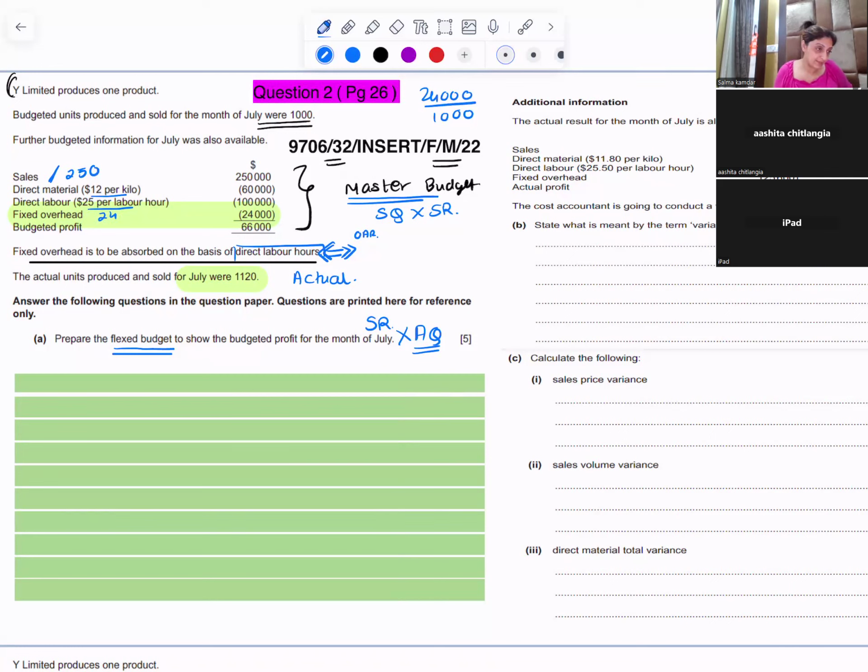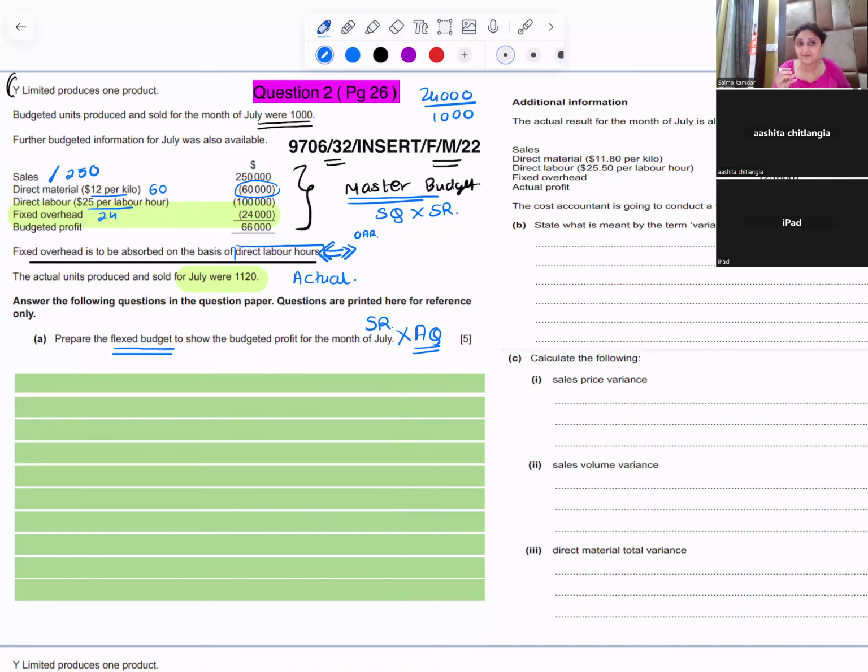Okay. Now let's prepare our budget. Direct material is $12 per kilo. But let me find out the standard rate per unit. So what will be the standard rate per unit? $60.